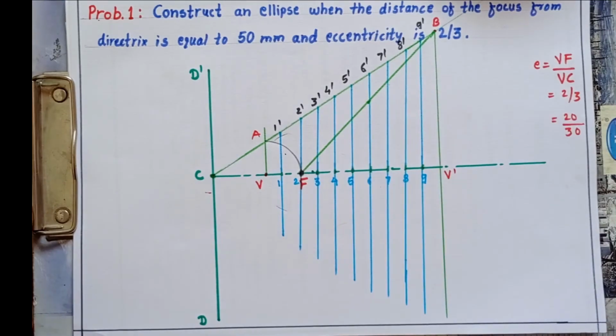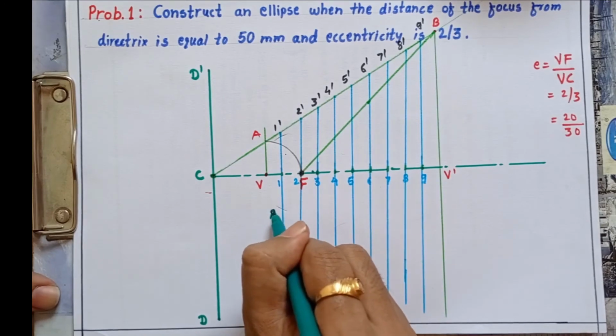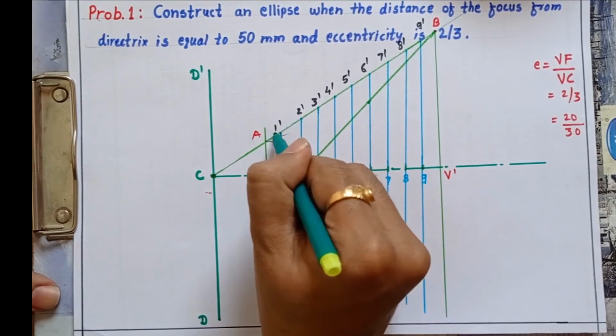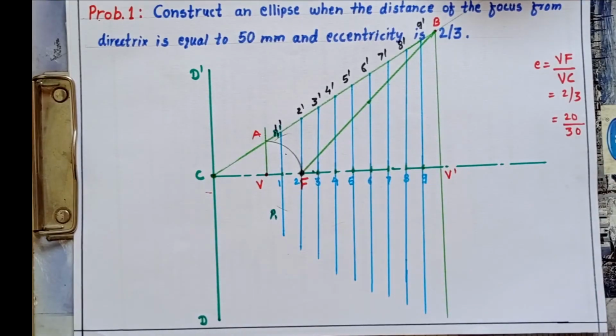Now for both points, we give the names: this is your point P1, and this is to be noted as P1 dash. So here you are getting 2 points, P1 and P1 dash.